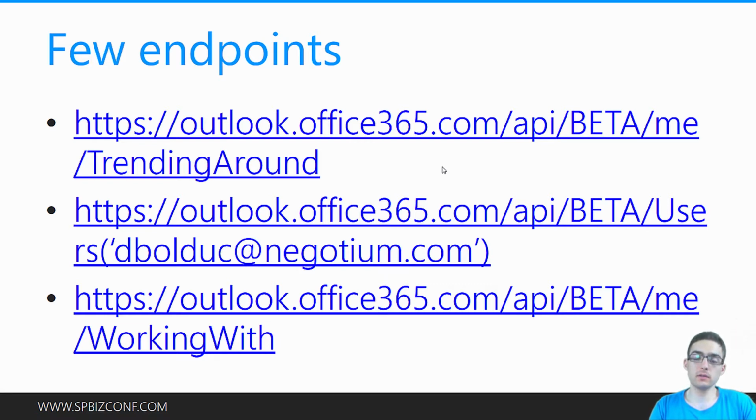If it's not available right now in your tenant under the graph.microsoft.com endpoint, it will be there soon, and you can still use the outlook.office365.com endpoint to use them and play with them.